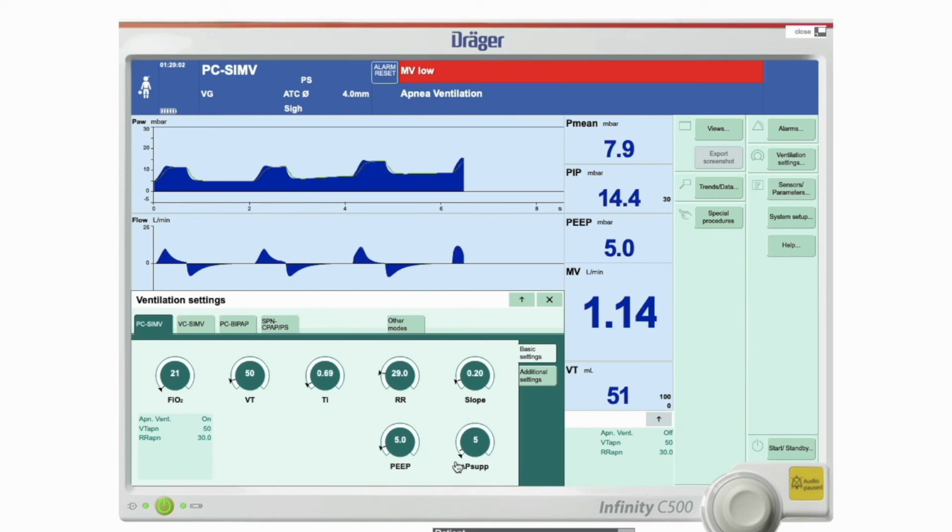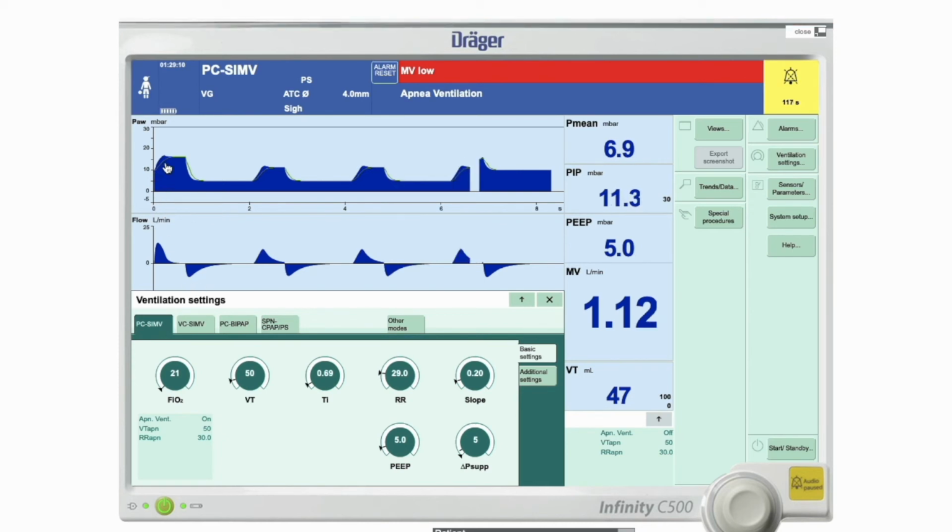And as I mentioned earlier, once it's on, you can see this blue line. So effectively what you're looking at, the actual waveform, the solid blue bit, is the pressure that the ventilator is providing.